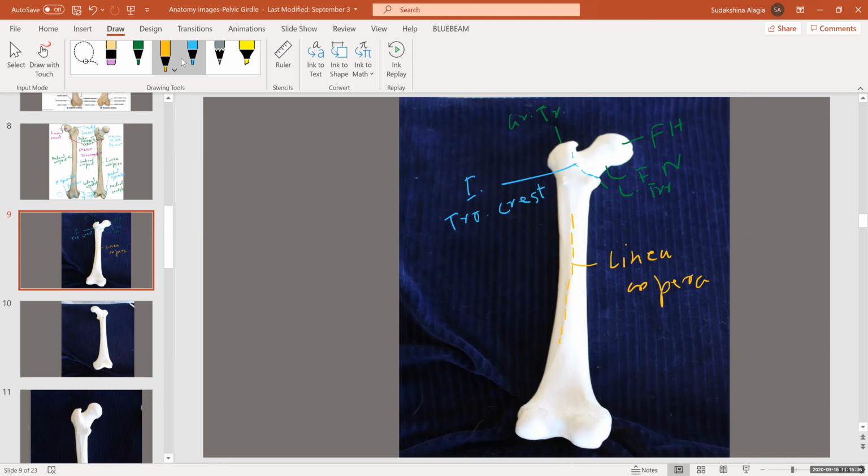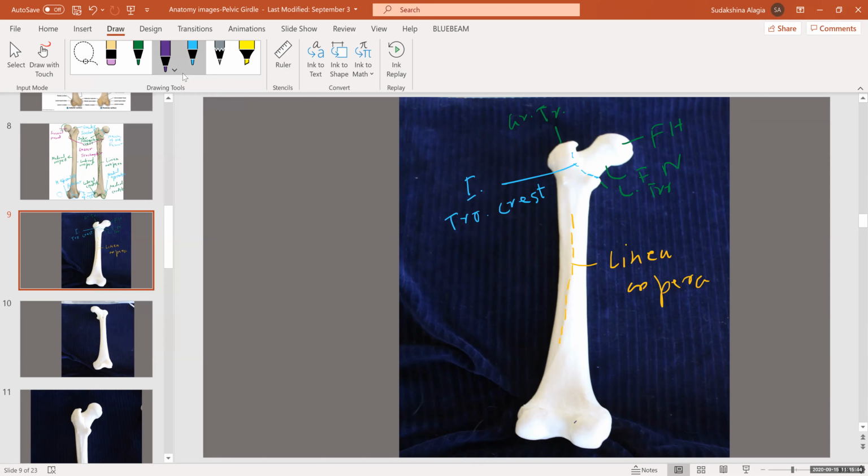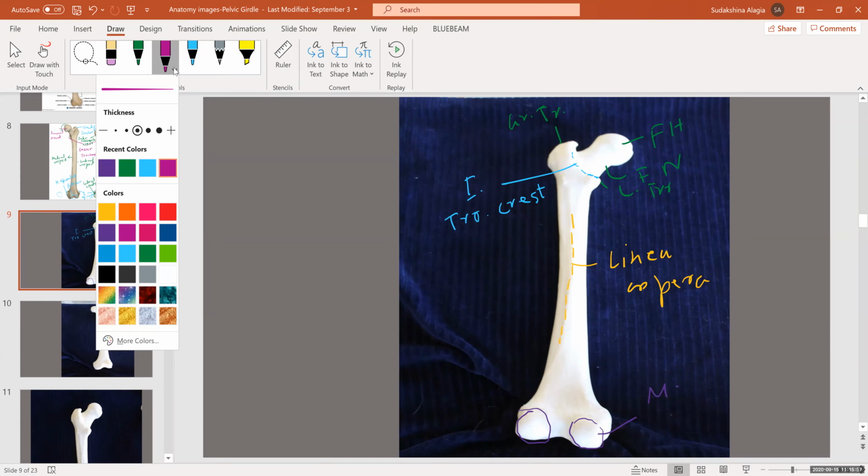Crest, linea aspera. Where are the condyles and the epicondyles? Well, right here. Head side, medial. Oh, no, that really doesn't work very well.